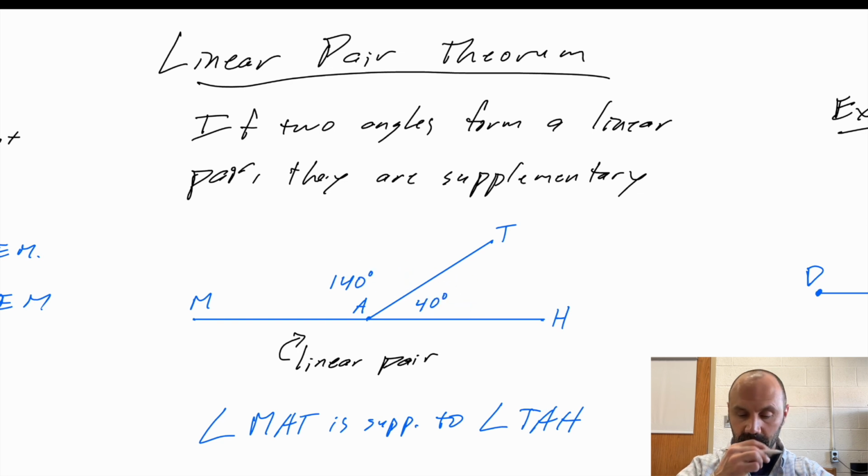Very simple. And it makes perfect sense because you can see here that they have to add to 180 degrees. They have to add up to just a line angle here. So we say that angle MAT and angle TAH are a linear pair. Therefore, they are supplementary.